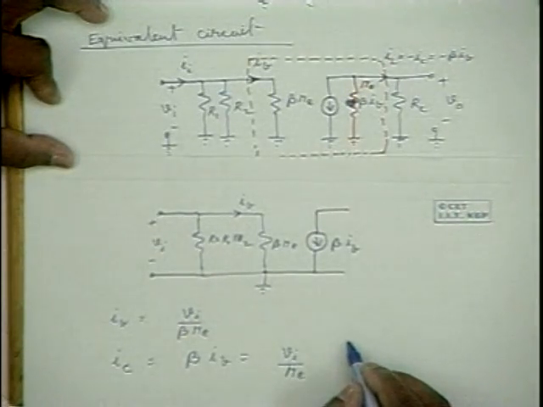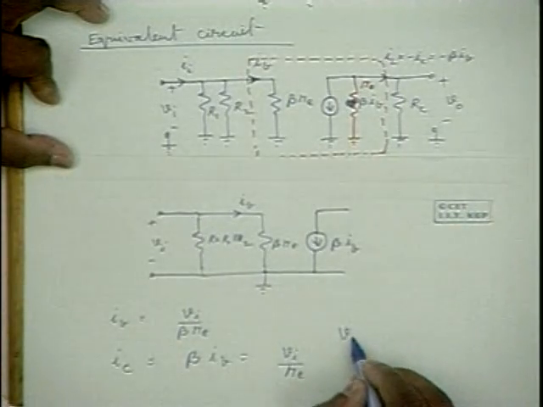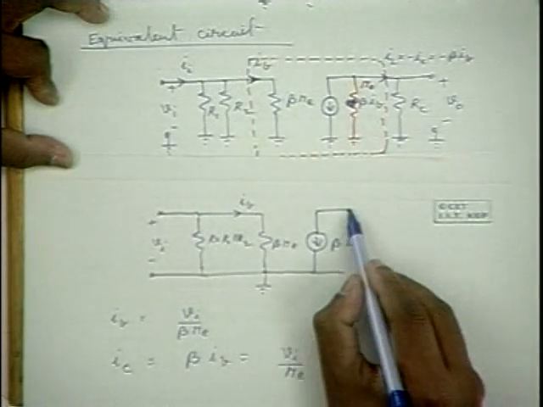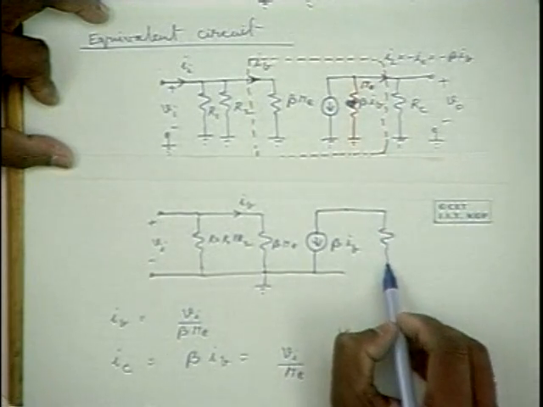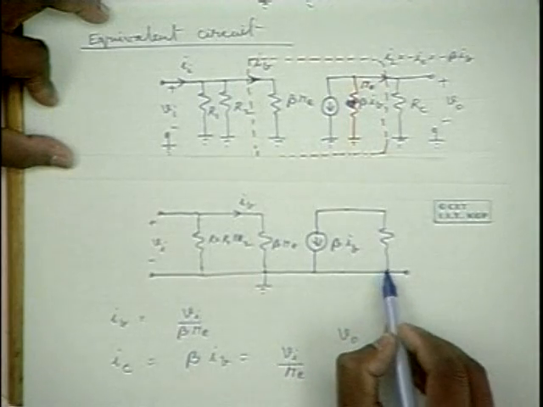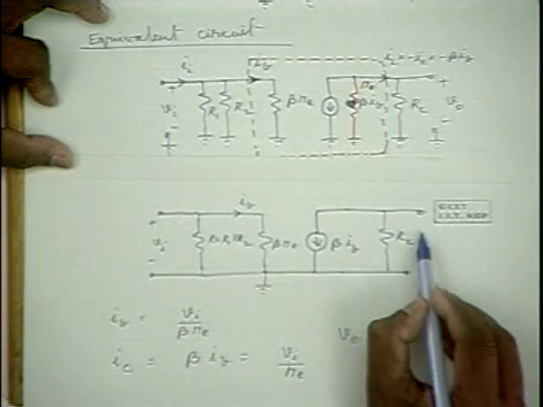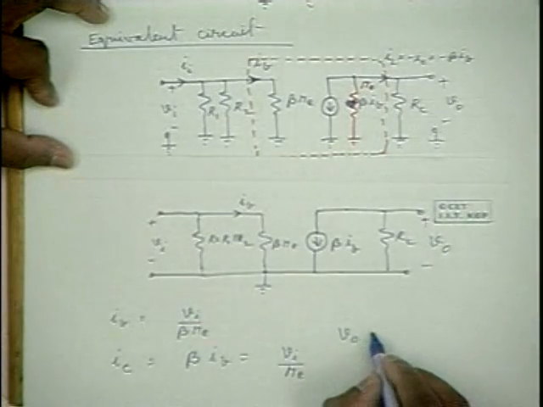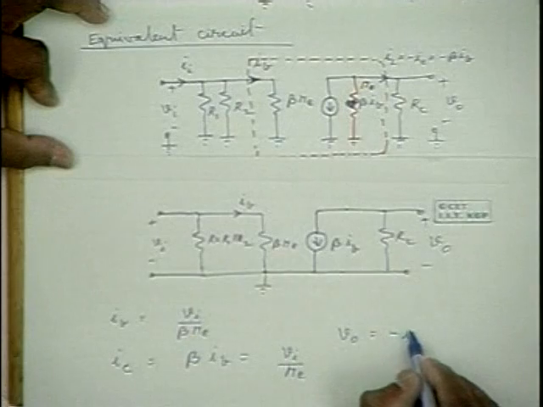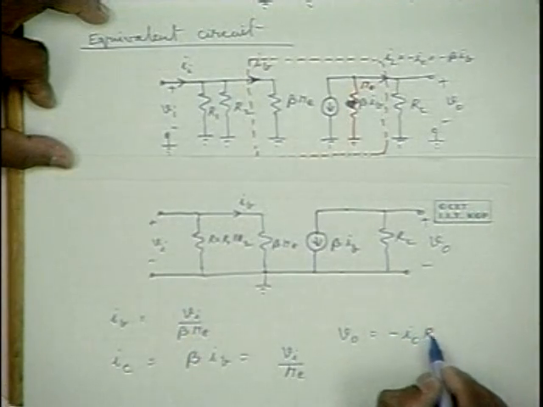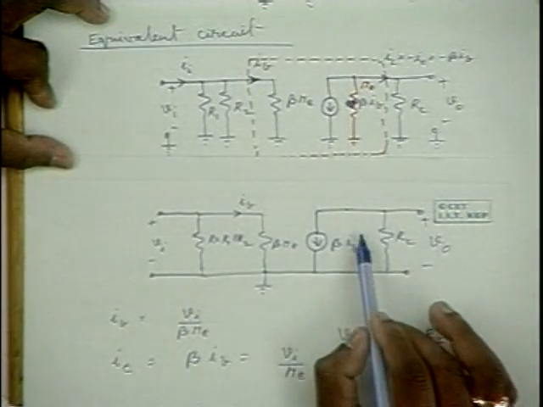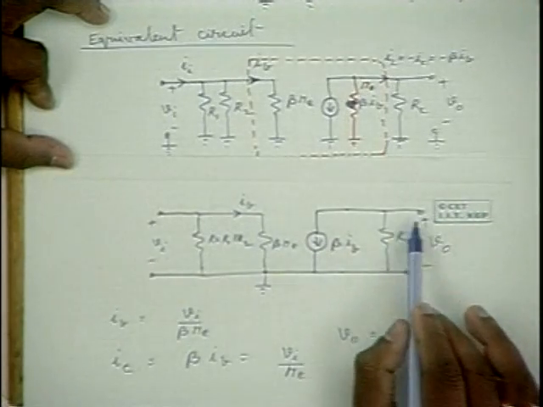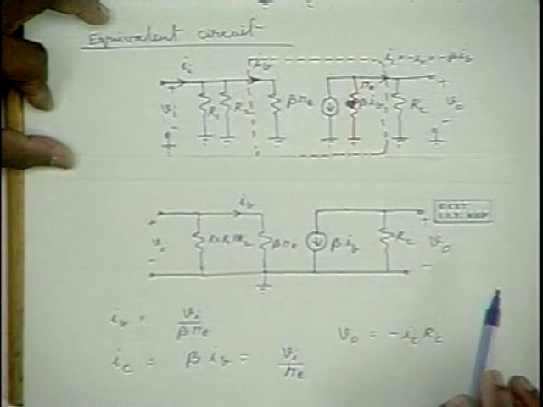Now, output voltage V0: this IC flows through RC. Therefore, output voltage V0 is minus IC into RC, because the current direction is opposite to this V0.